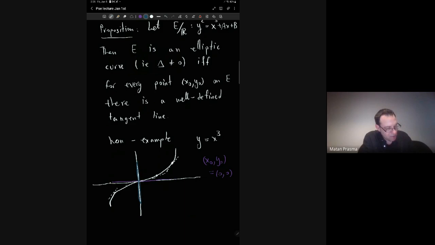So one property that I demand from tangent lines is that if I take a family of tangent lines at points getting closer and closer to x0, y0, then I get a sequence of tangent lines that converges to the resulting tangent line at x0, y0.